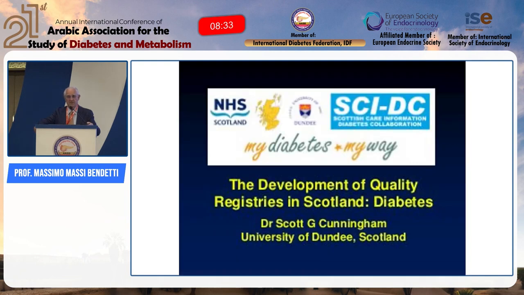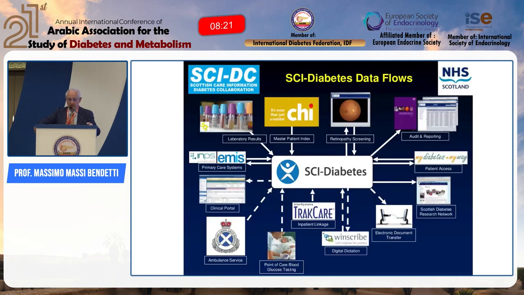So just an example of a registry which can somehow fulfill this achievement is the Scottish Care Information Diabetes Collaboration, which, through the registry, collects information from all the possible sources: from labs, from clinics, from hospital, from the primary care, from everywhere.